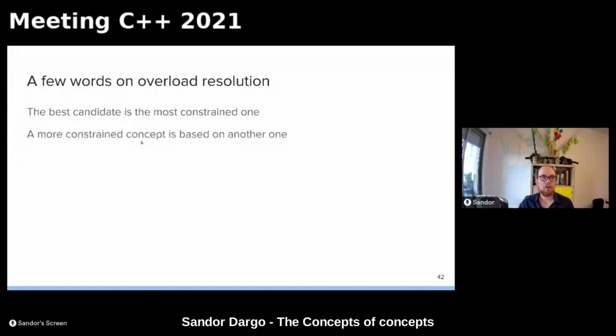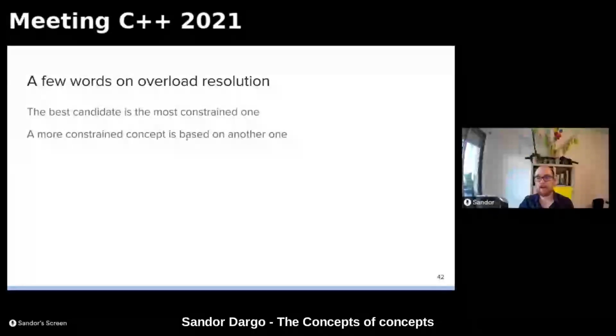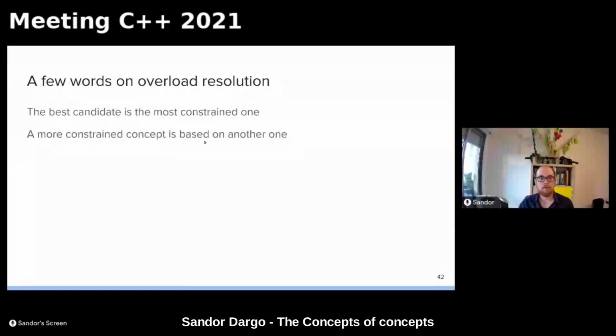And a more constrained concept is based on another one, like we saw with the car and the convertible. The convertible was more constrained than the car because it was already using the car and it added some extra constraints. And when you have multiple different overloads with the same priority, then the compilation will fail because of ambiguity.